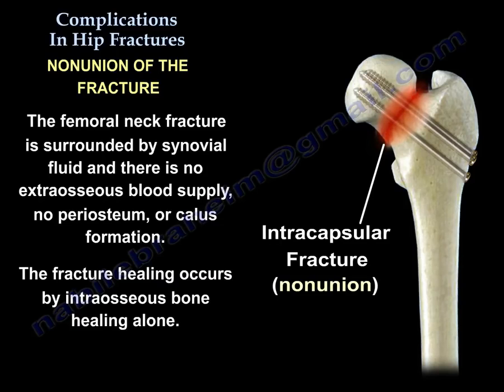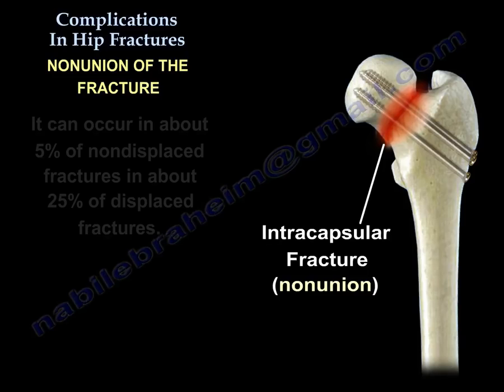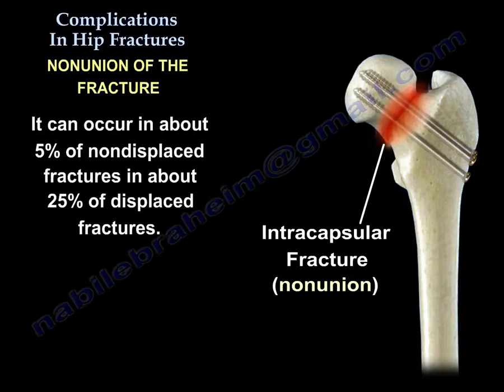Fracture healing occurs by intraosseous bone healing alone. It can present with groin or buttock pain, pain with hip extension, or with weight bearing. It can occur in about 5% of non-displaced fractures and about 25% of displaced fractures.